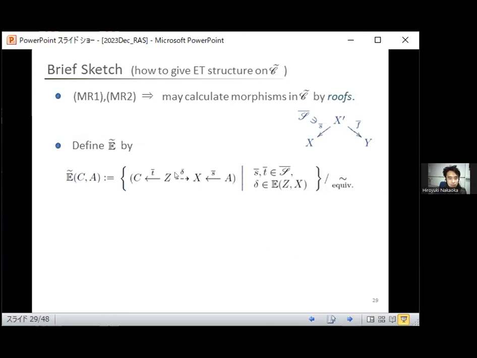In the middle, delta is an extension in the original E, and s bar on the right and t bar on the left are morphisms in S bar. So we denote an element in E tilde of (C, A) in this way. It is an equivalence class of this sequence.